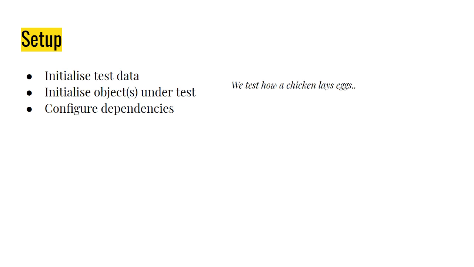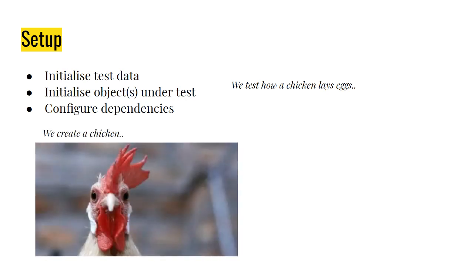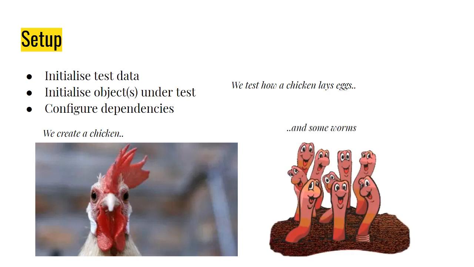And in these slides, I'll show how a Hatchery should be tested. Hatchery is made of chickens. Chickens lay eggs, and for a chicken to lay eggs, it needs to eat a certain amount of worms. So setup would be to create a chicken and worms so that the chicken can eat worms.